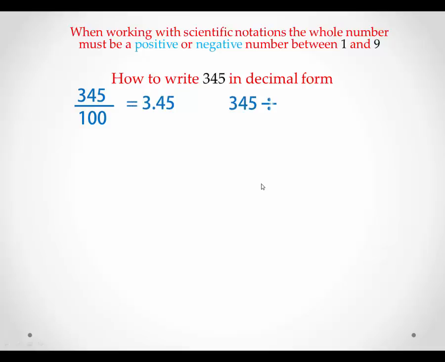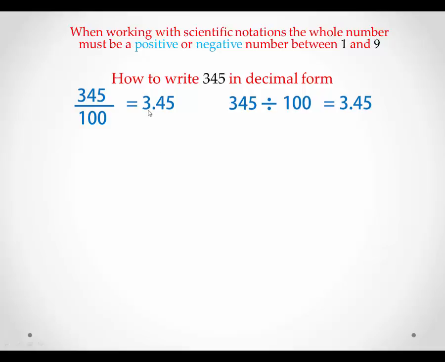This can also be written another way, just like this, that I'm sure most of you will understand. Now, why did we choose 100? The reason is that we wanted the number to be in the correct decimal format so that we can use it in our scientific notation.